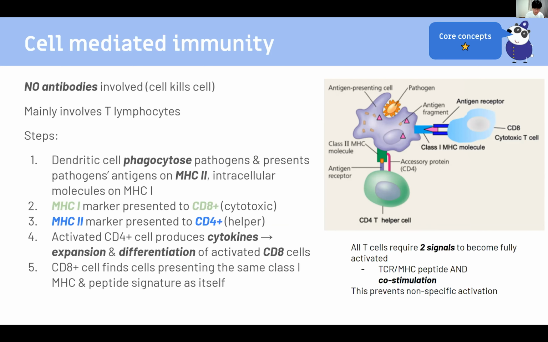Because the dendritic cells phagocytose the pathogen and they are trying to find the same one that it basically presented them to. One thing that is important to note is that all T cells require 2 signals to become fully activated: a TCR/MHC peptide and co-stimulation. This will help prevent non-specific activation, which would be very dangerous if that happened.